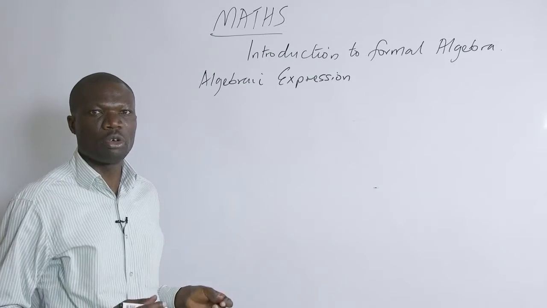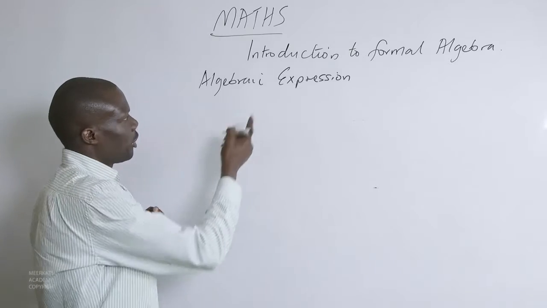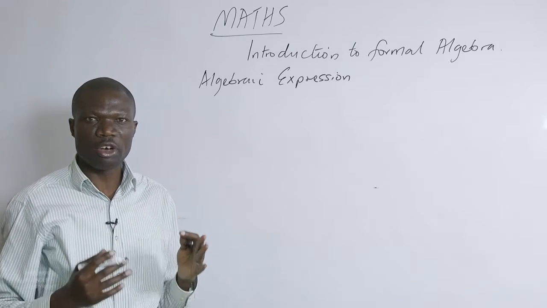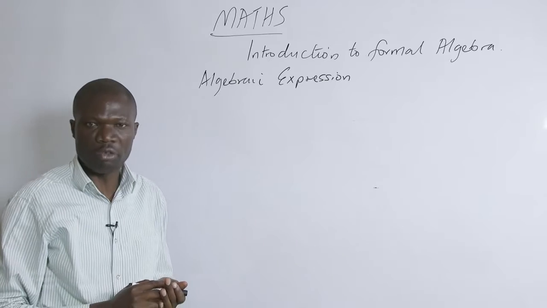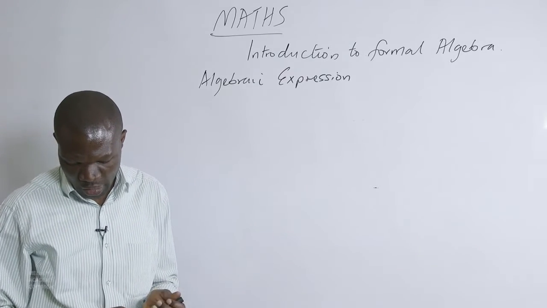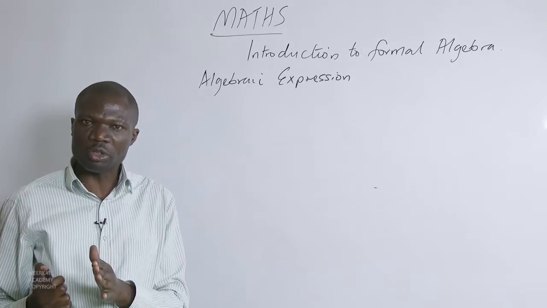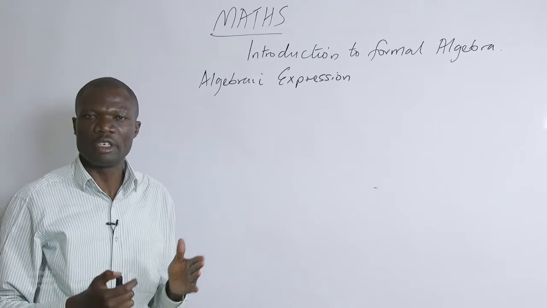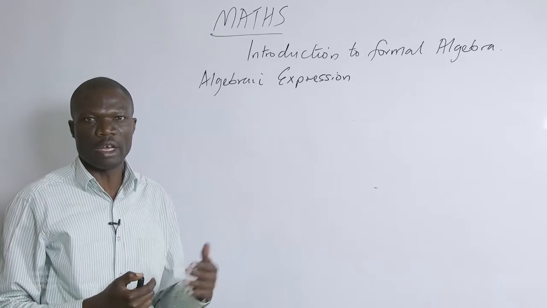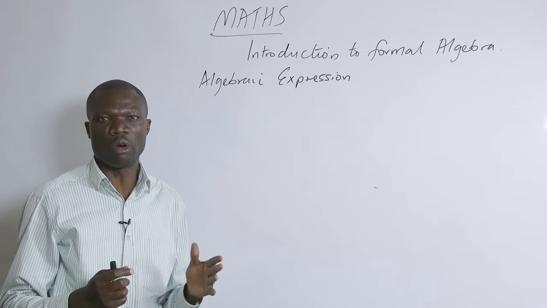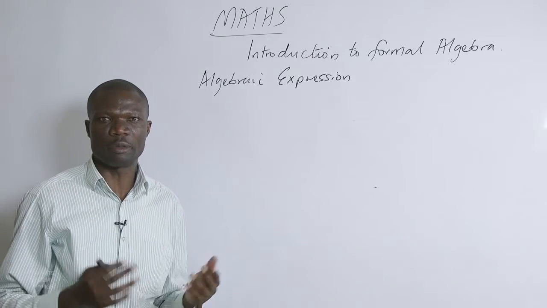Now, an algebraic expression simply consists of various terms that are combined together. We can have the pronumerals, we can also have the numbers, but when they are combined together with the signs of addition and subtraction and so on, they form what we call an expression.